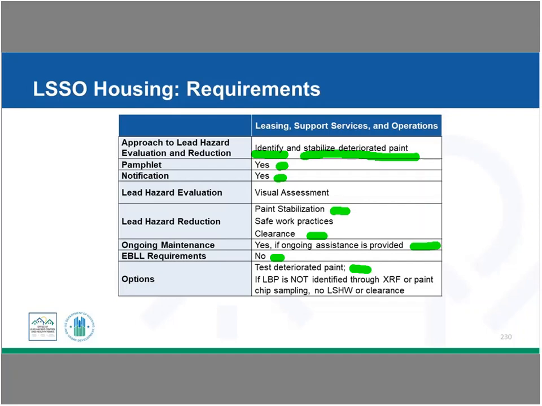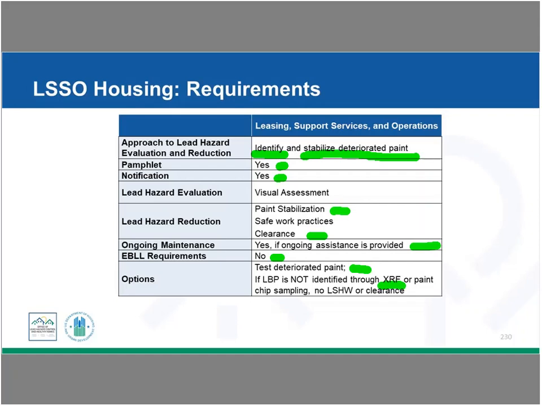Just as a reminder, when we talk about doing paint testing, we're talking about either using an XRF machine to look at the substrates and determine whether it includes lead-based paint, or we could be taking chip samples, sending them off to a lab, and having them make that determination.